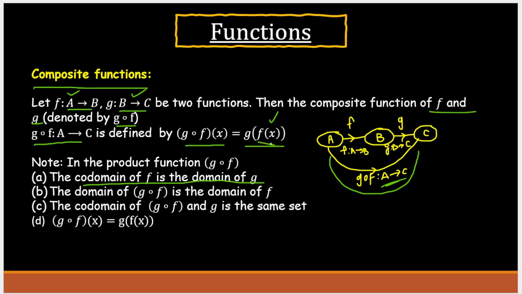Here f of x is in the codomain of f, which becomes the domain of the function g. So the domain of g circle f is the domain of f.